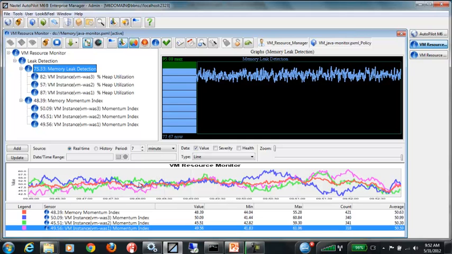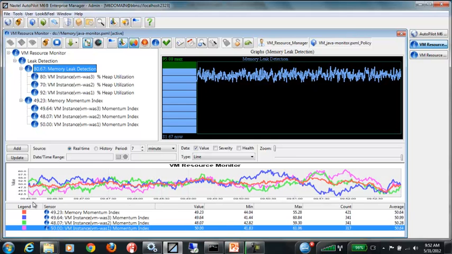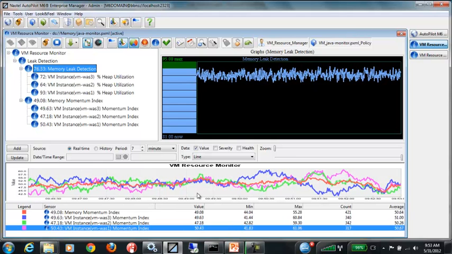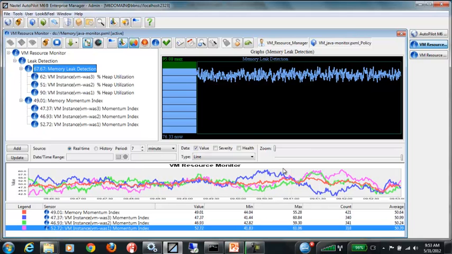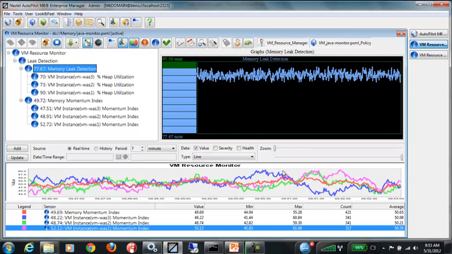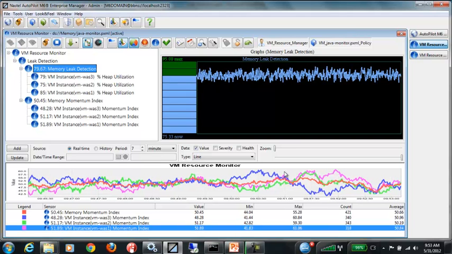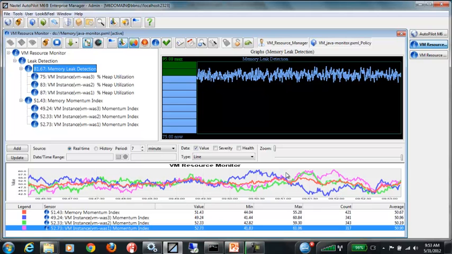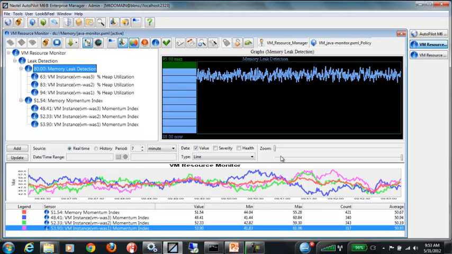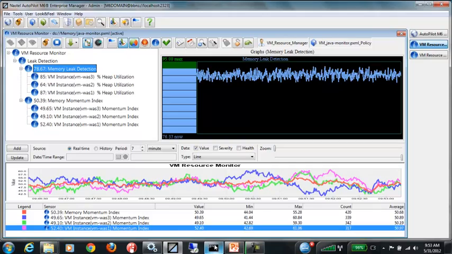Typically the momentum oscillator oscillates between 0 and 100. The closer you are to 100, the more likely you have a resource hog, or an application that's hoarding resources.